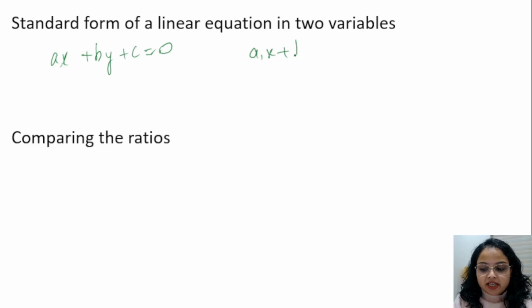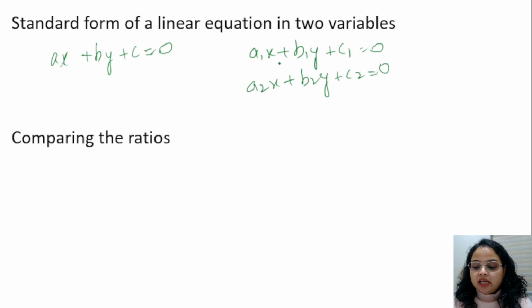It is a1x plus b1y plus c1 is equal to 0 and a2x plus b2y plus c2 is equal to 0. These are the two equations in two variables x and y. Here a1 is the coefficient of x, b1 is the coefficient of y, and c1 is the constant term in the first equation. This is the first equation and this is the second equation.